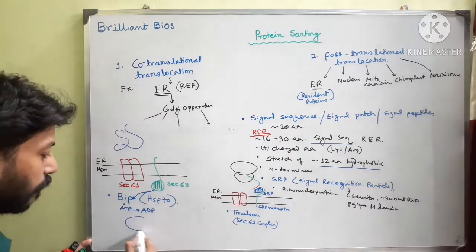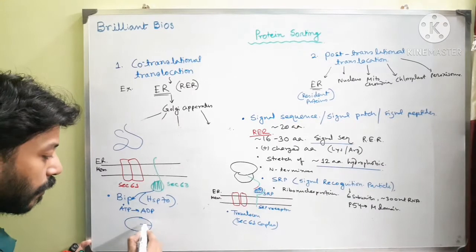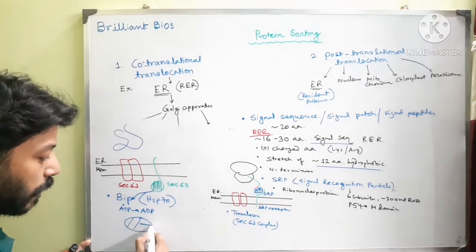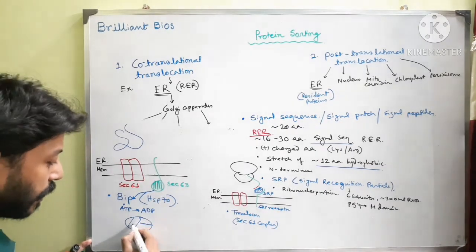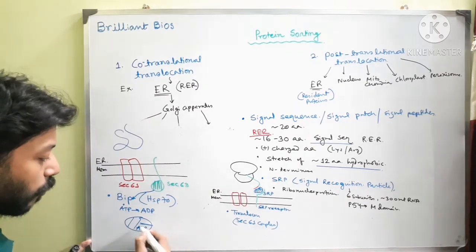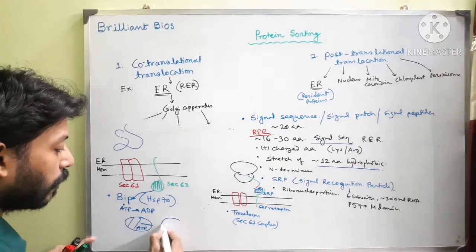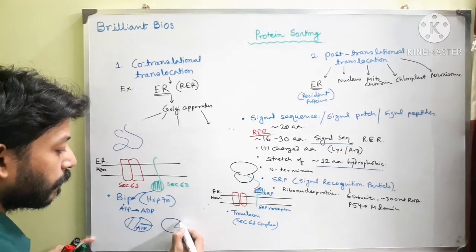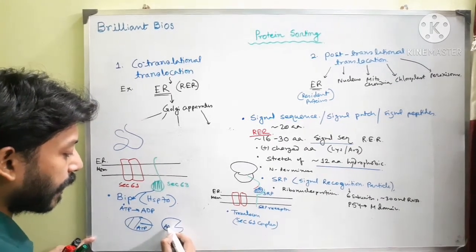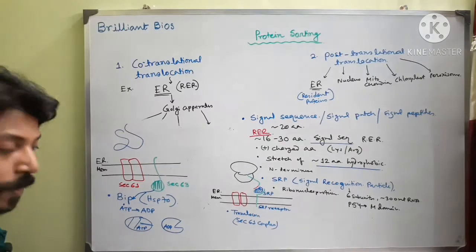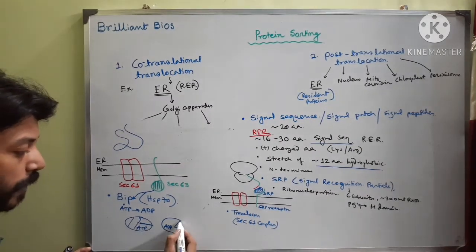Let's assume this is a BiP, closed in its mouth when it has ATP, but when this ATP is changing into ADP, the structure of this BiP will look like this. It has ADP. Now it has a mouth. Let's assume this is a closed mouth, this is an open mouth.